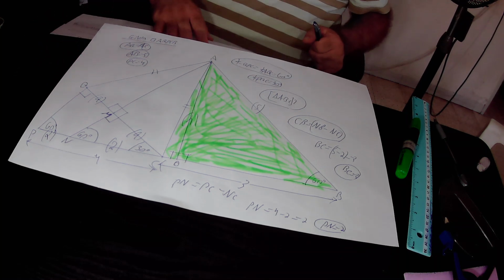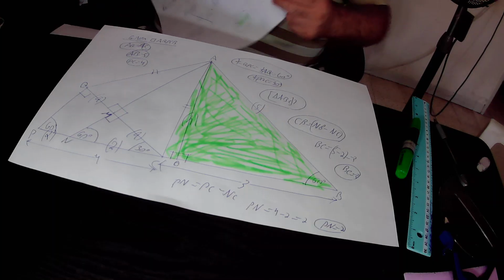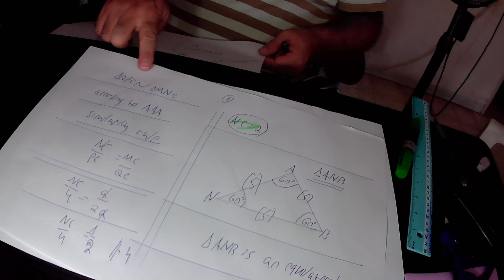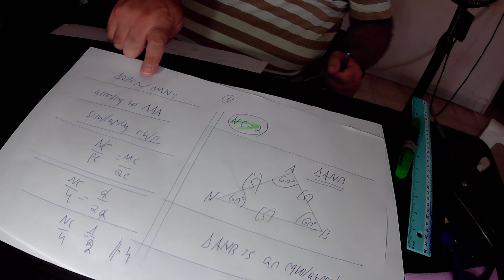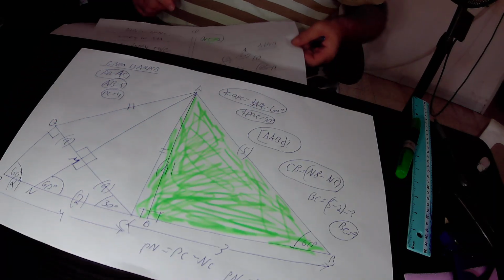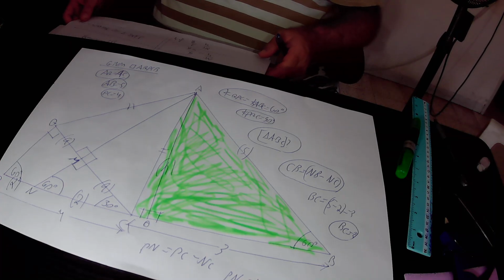So again, we found out that the big right triangle QPC is similar, this is the sign of similar, to the small right triangle MNC according to the angle similarity rule. And from the fact that those two right triangles are similar to each other, we will derive that the following relationship exists between their sides.